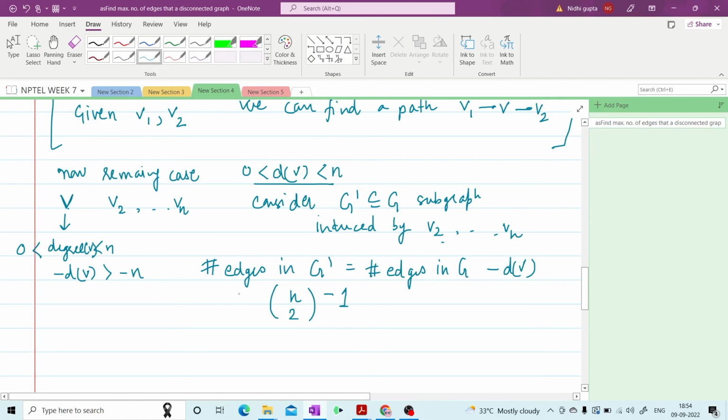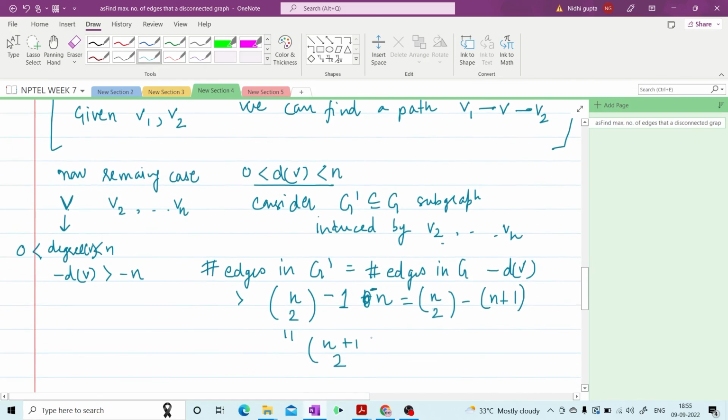So the number of edges in G dash is strictly greater than n choose 2 minus 1 plus n, and this is nothing but, wait, there is some issue.